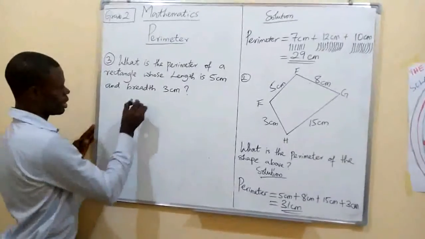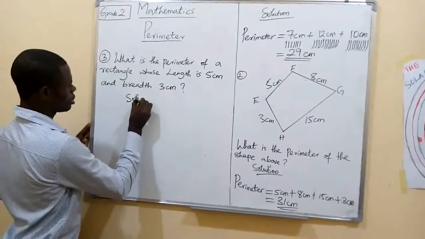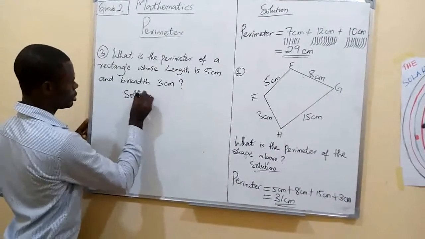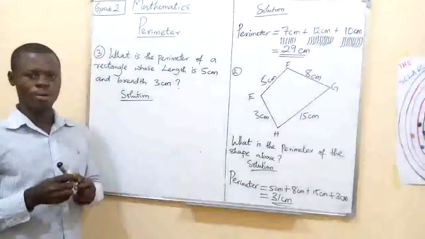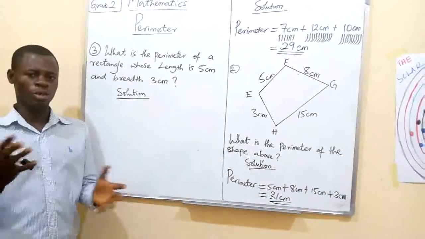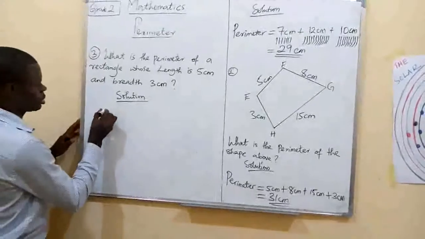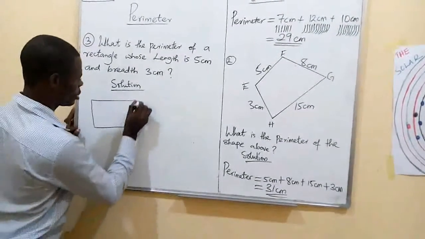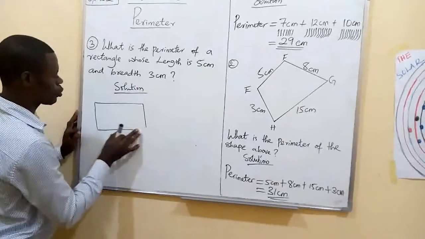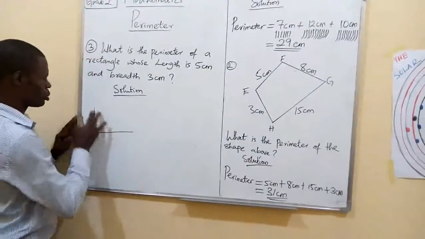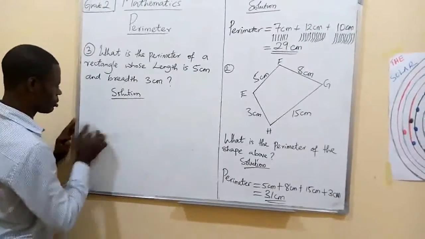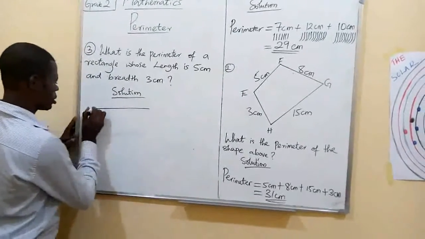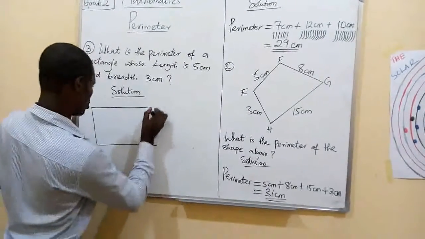I told you that one of the characteristics of a rectangle is that it has two opposite sides equal. Alright, from this question, you are going to draw a rectangle this way.